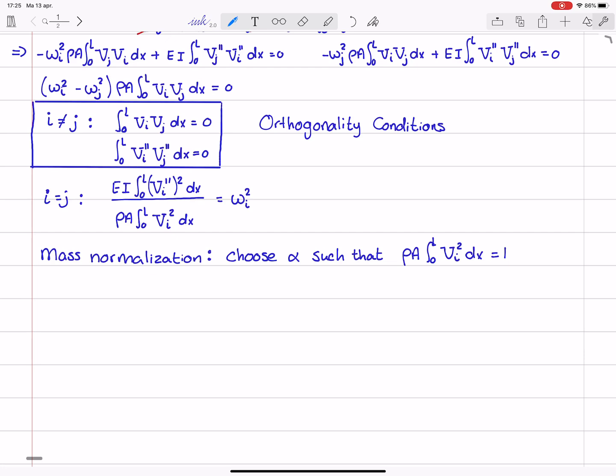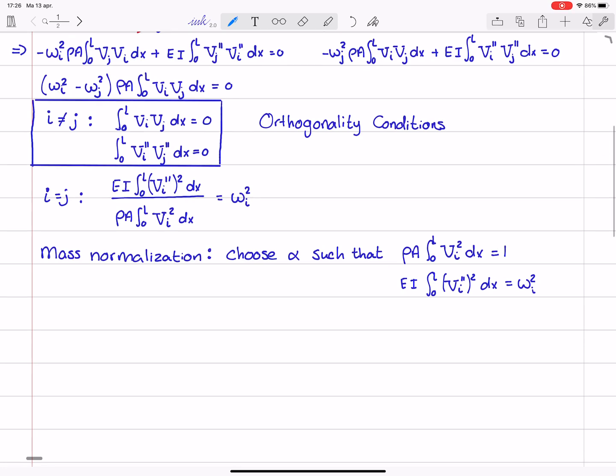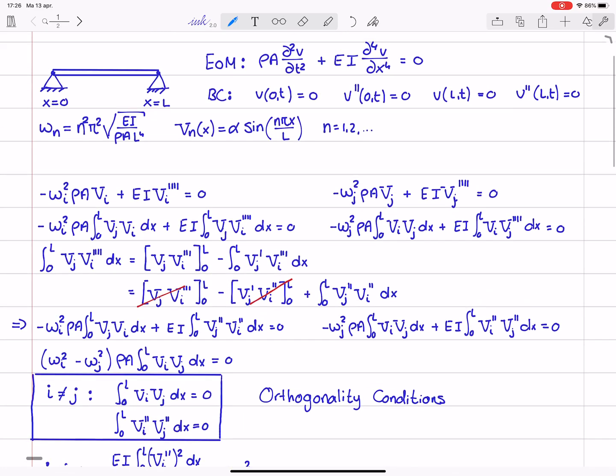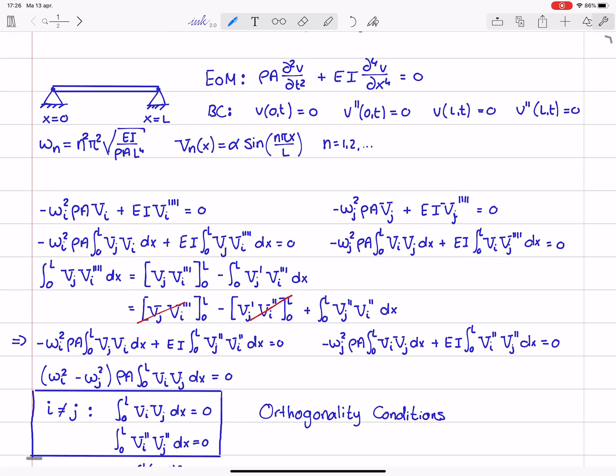As a consequence, EI times the integral of v_i double prime squared dx will then equal omega_i squared. So these are the orthogonality conditions. The procedure is fairly similar to what we've seen before, except that we need to apply integration by parts twice. Let's now see how to choose alpha for this specific example of the simply supported beam.